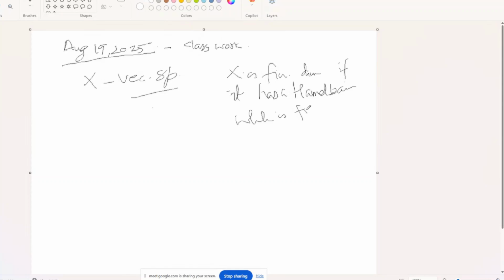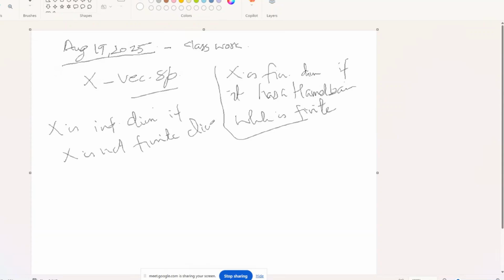X is infinite dimensional if X is not finite dimensional. This is the definition.